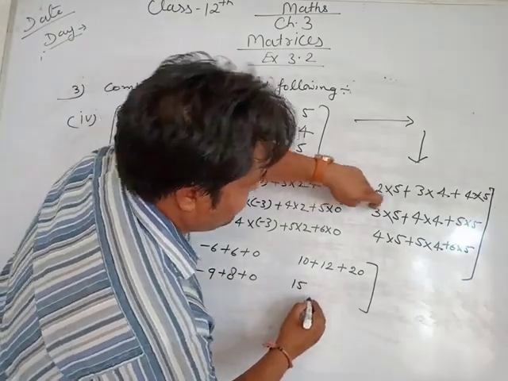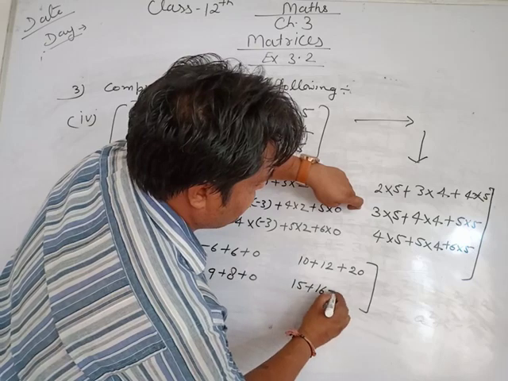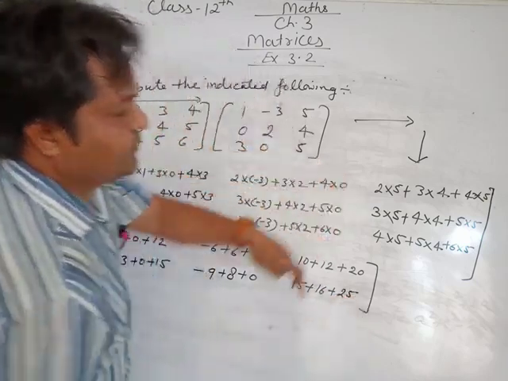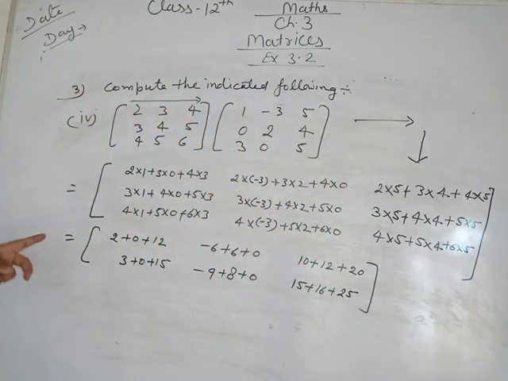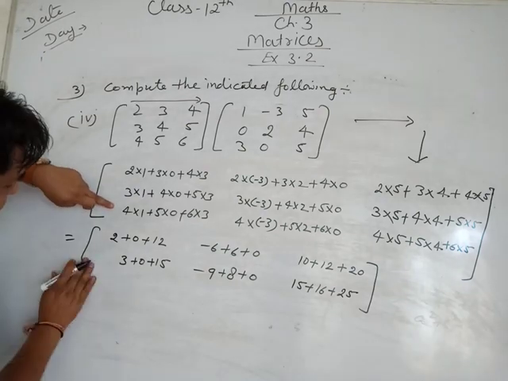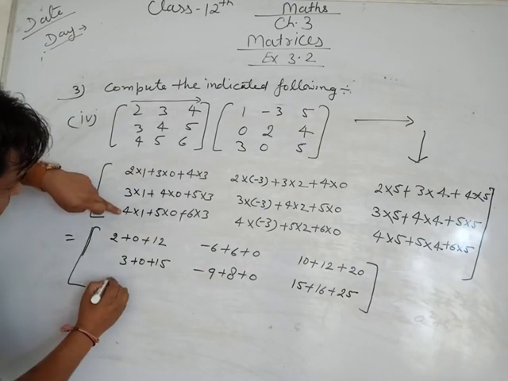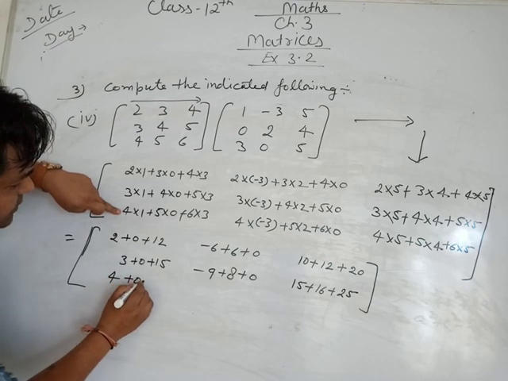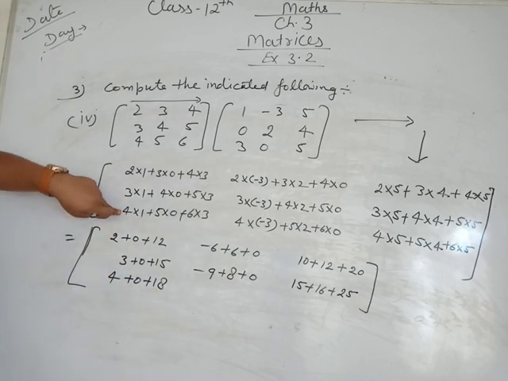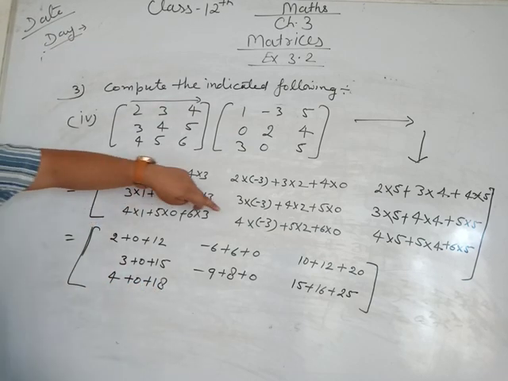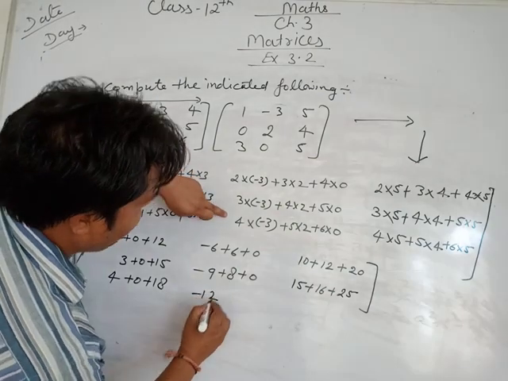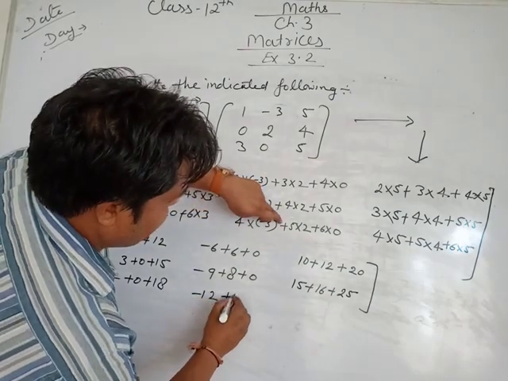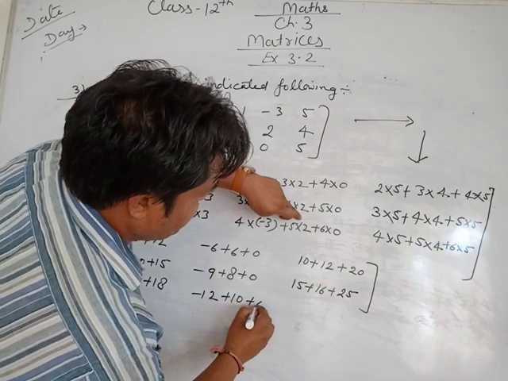Third is 15 plus 16 plus 25. Next is here 4 plus 0 plus 18, here minus 12 plus 10 plus 0.